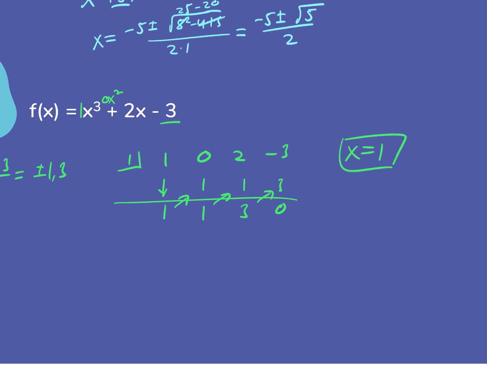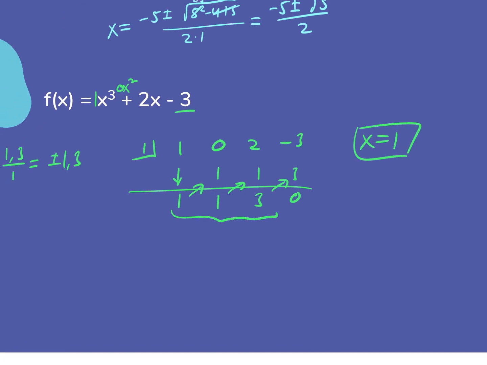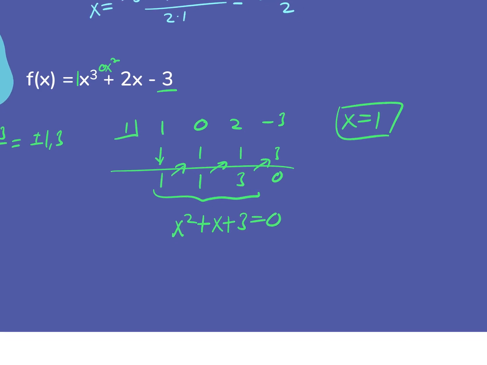So we get x equals 1. And then these are going to become coefficients of our quotient. So x squared plus x plus 3 equals 0. Again, we actually can't factor this, so we need to use quadratic formula or complete the square. Right? I'm going to use quadratic formula. I get x equals negative 1 plus minus the square root of 1 squared minus 4 times 1 times 3 over 2 times 1.